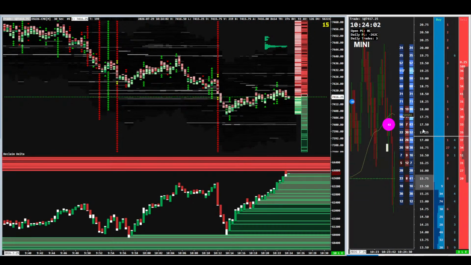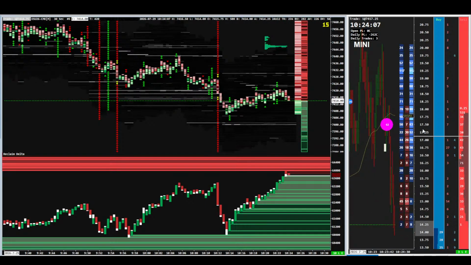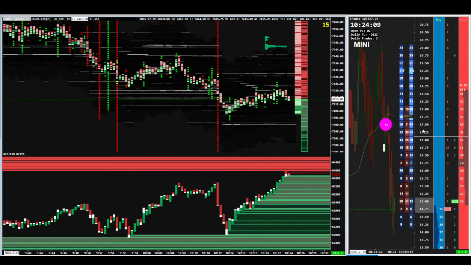This area's had so much transition. Am I getting through it?